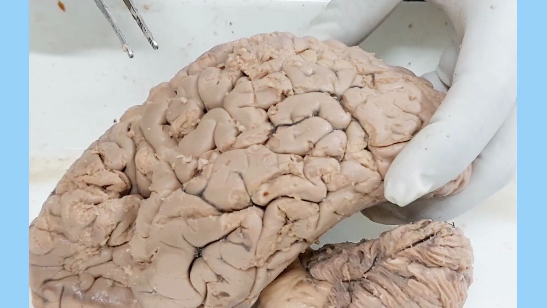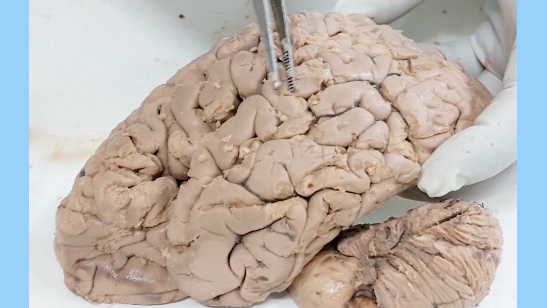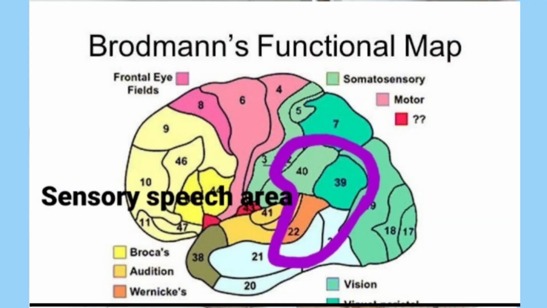One thing to remember: the posterior part of the superior temporal gyrus is area 22. So area 22 may also be considered part of the sensory speech area, also called Wernicke's area.